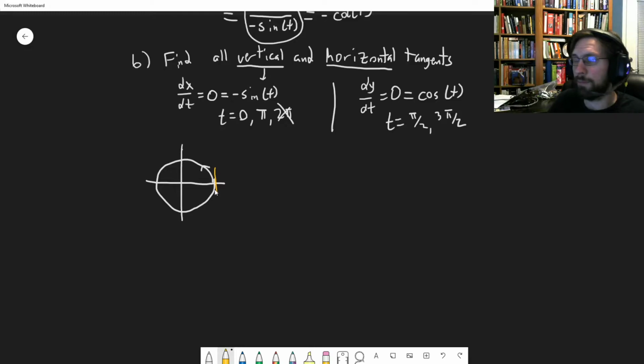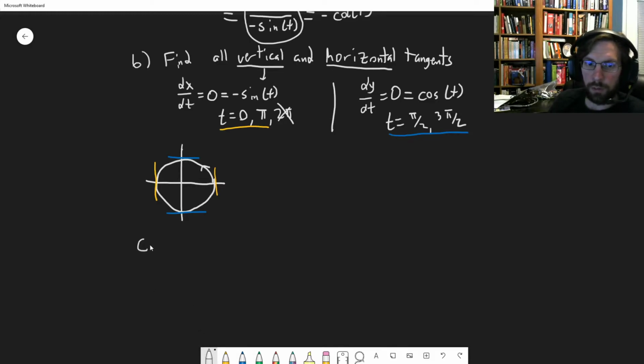So t is theta, so theta equals 0, and then theta equals pi. So those would be those. And then we're going to have our horizontal tangents at theta equals pi over 2 and theta equals 3 pi over 2.